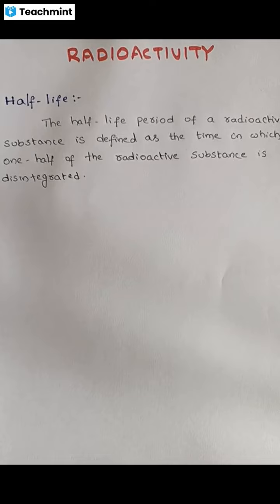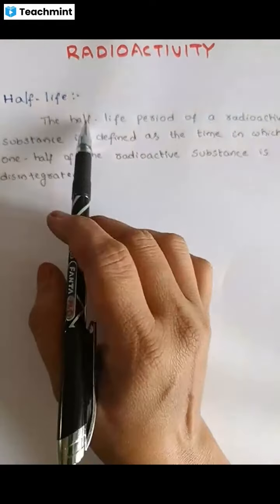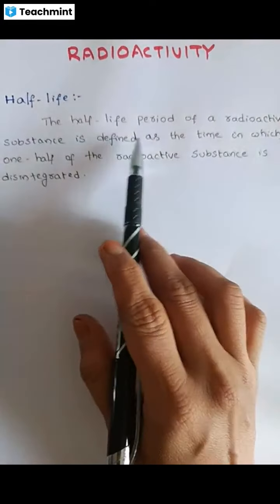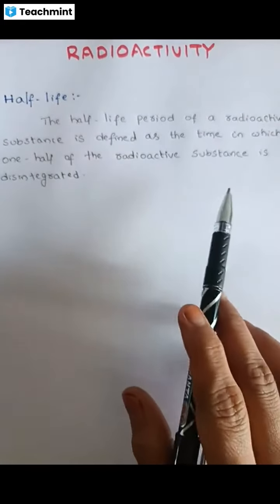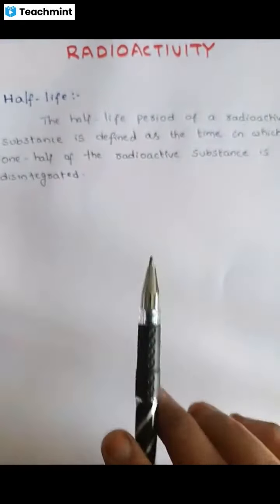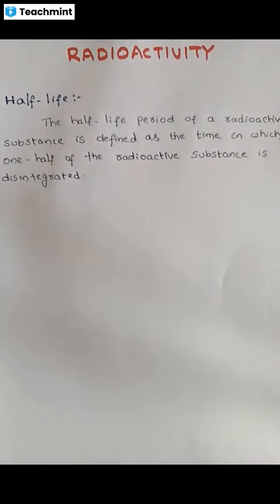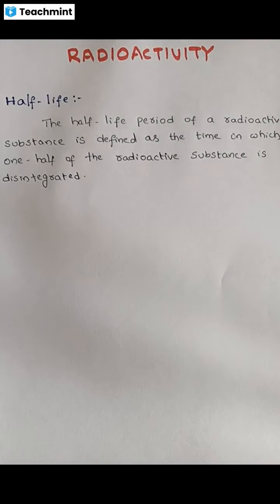Here in the definition it is given: the half-life period of a radioactive substance is defined as the time in which one half of the radioactive substance is disintegrated. So let us consider first, before disintegration, the number of atoms present is N naught.